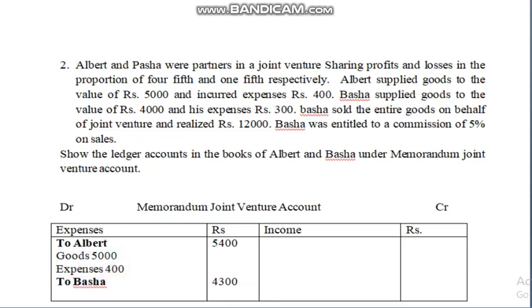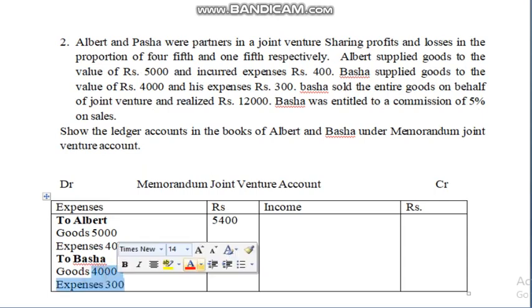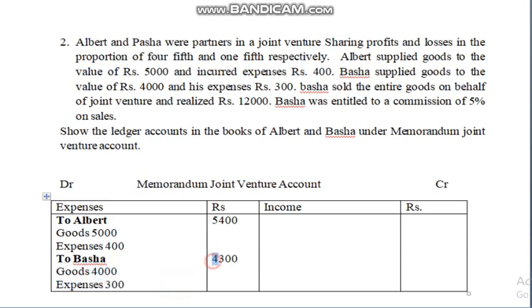Under that write down goods worth rupees 4,000 and expenses 300. So 4,000 plus 300, 4,300. Next, the second transaction is over.